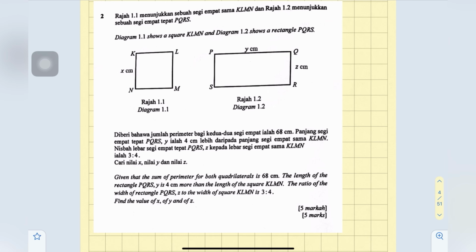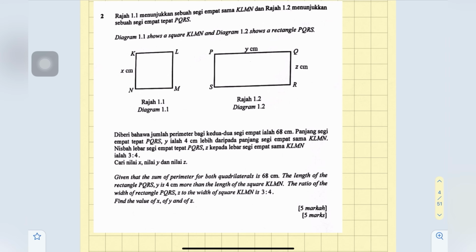Okay, question number 2. Diagram 1.1 shows a square KLMN and diagram 1.2 shows a rectangle PQRS. Given that the sum of the perimeters of both quadrilaterals is 68 cm, the length of the rectangle PQRS, y, is 4 cm more than the length of the square KLMN.